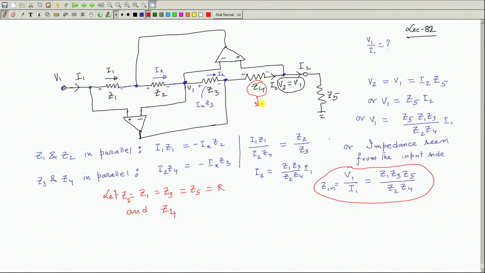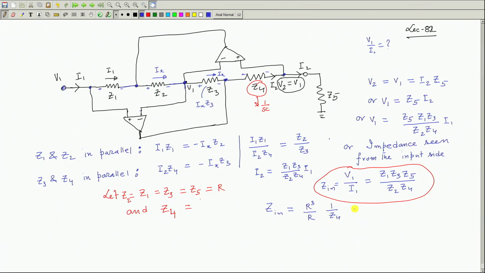So, Z4, what I do, I make it capacitive, that is 1 by SC. Therefore, we say Z in, under this condition, will be R cube divided by R and Z4, Z1 Z3 Z5 divided by R times Z4.